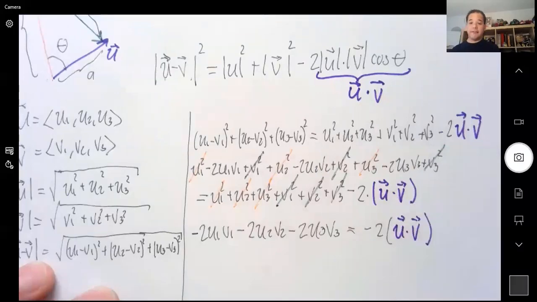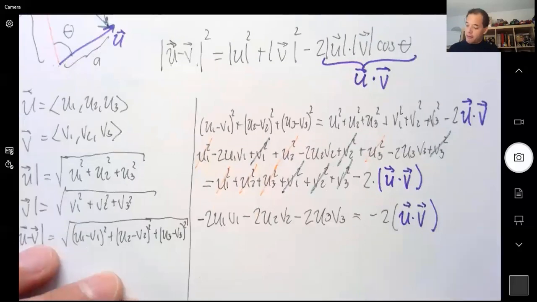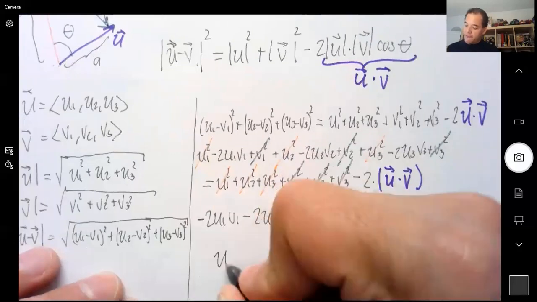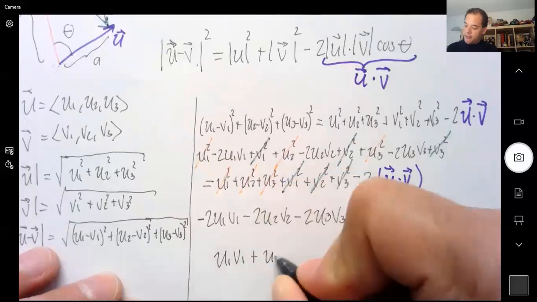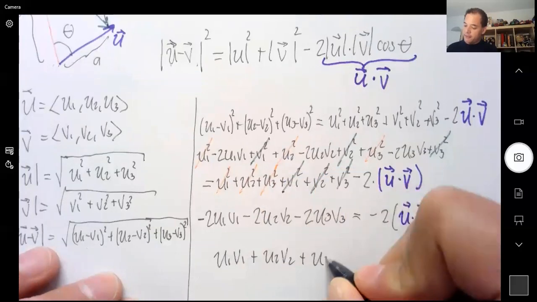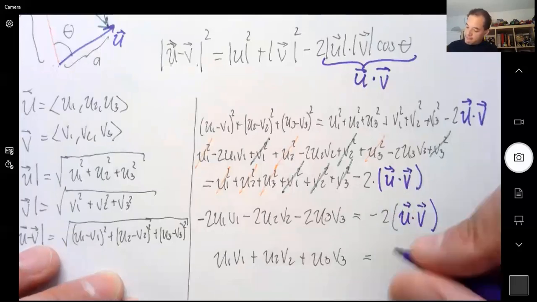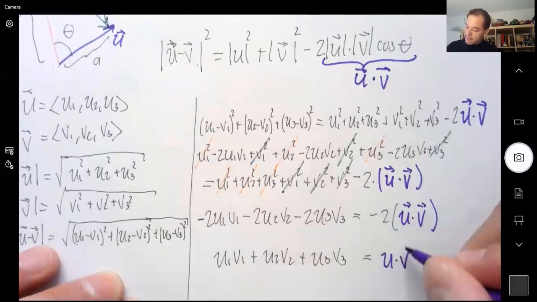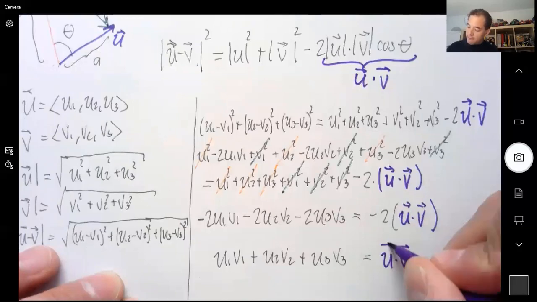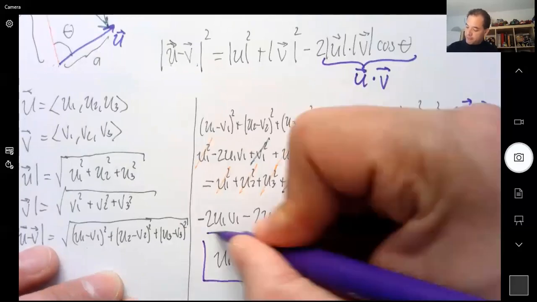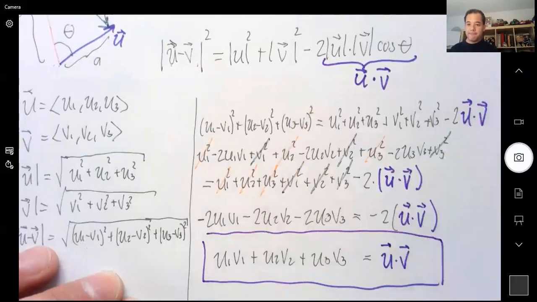And last step, divide everything by negative 2. And what are we going to get? u1 v1 plus u2 v2 plus u3 v3 equals u dot v. Wow. So simple now, right?